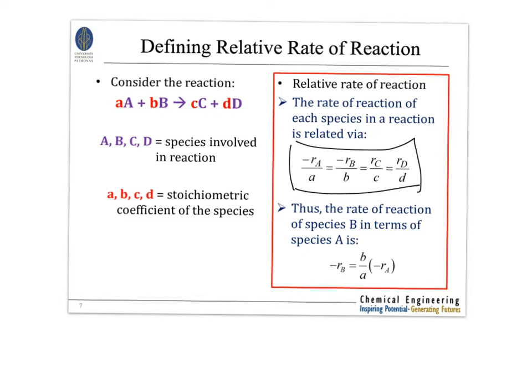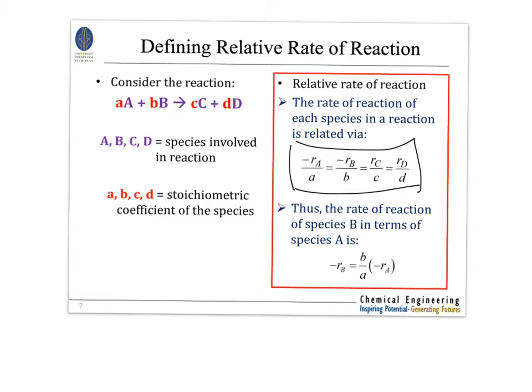So the reaction rate is divided by its own stoichiometric coefficient. Negative RA and negative RB show that these reactants are being consumed, and RC and RD show that the products are being produced.